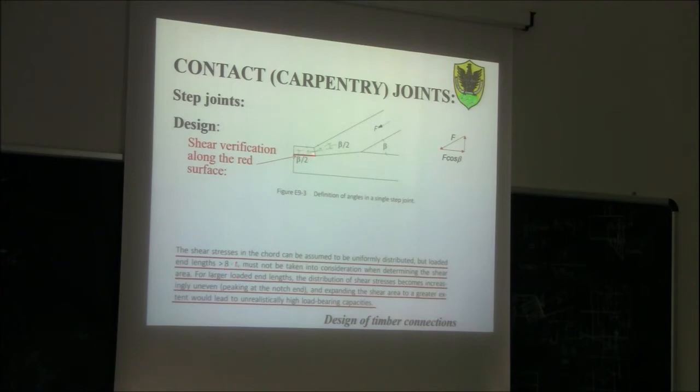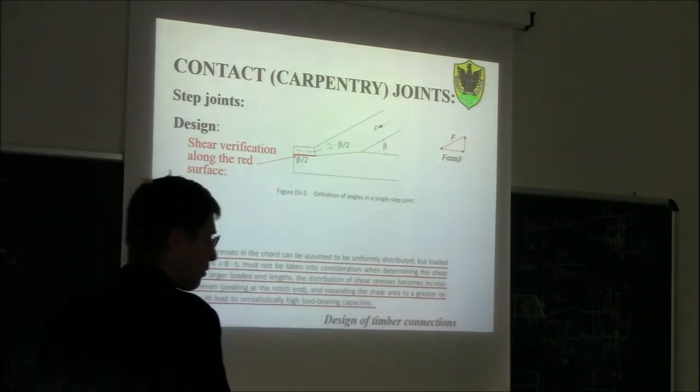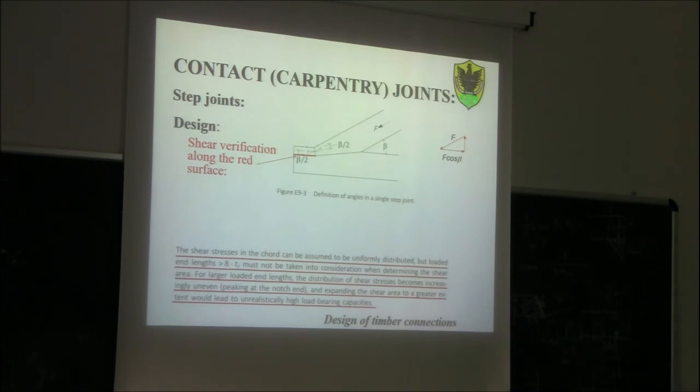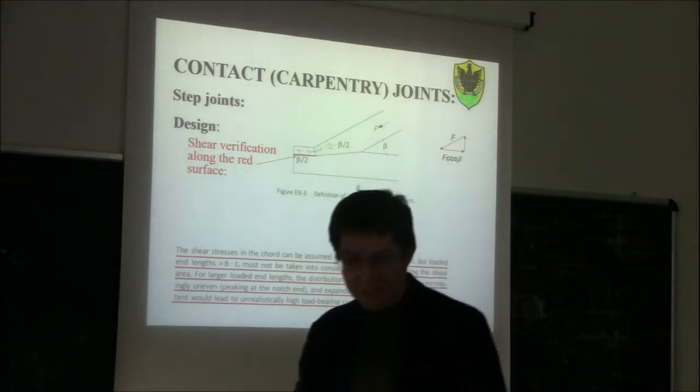So if TV is this thickness here, we multiply TV by 8, and if this length here is higher than 8 times TV, in the formula to calculate the tau, we need to put 8 times TV. So we can consider, of course, surfaces longer than 8 TV, but not in the formula.